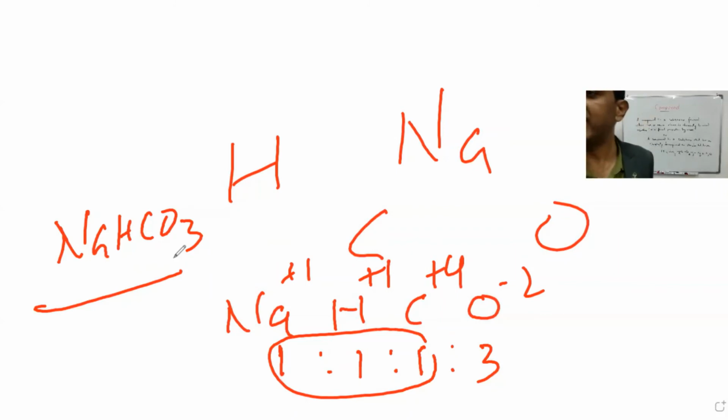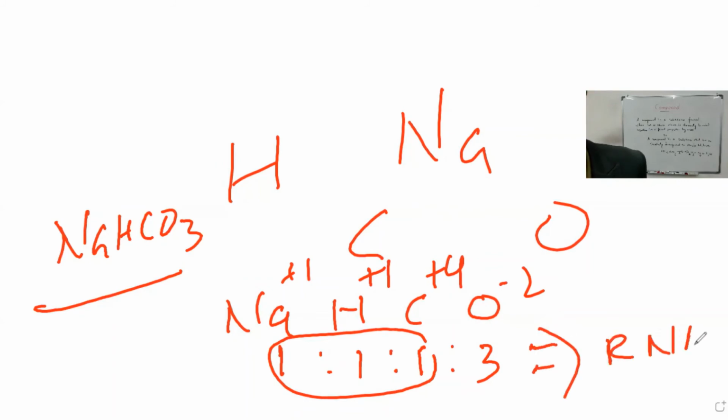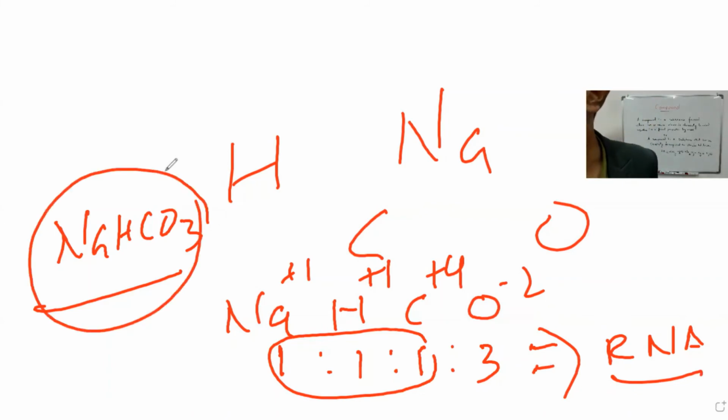Now, the method which I have used here to find the formula is called RNA, the relative number of atoms method. So now this is called a compound. Now come to the definition of compound.